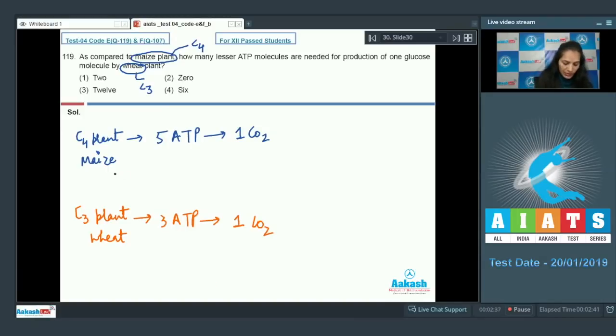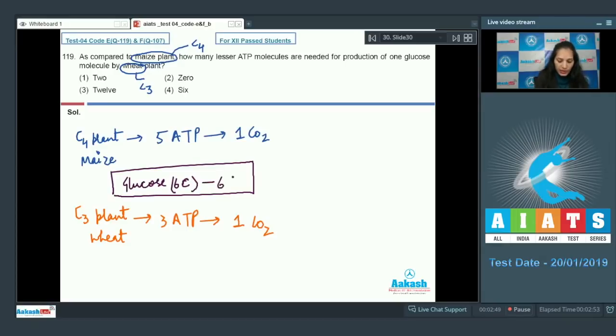Now, to produce a glucose molecule, glucose is a 6-carbon compound which involves fixation of 6 CO2 molecules. So, to fix 6 CO2 molecules, it should be 5 into 6, that is 30 ATPs required to produce a glucose molecule.